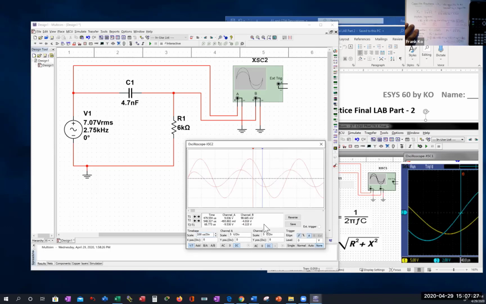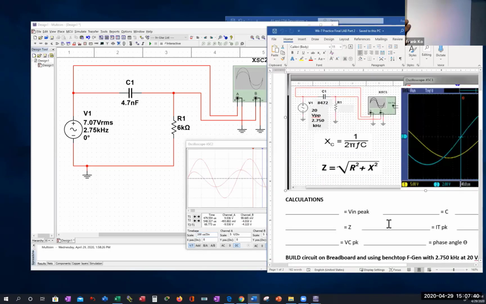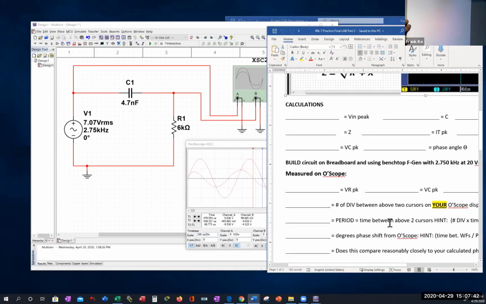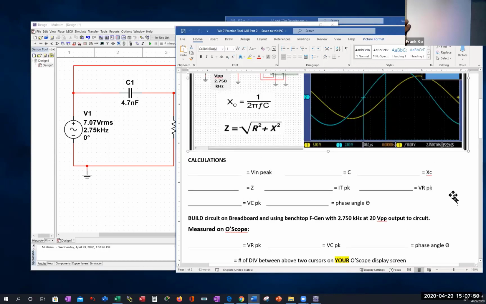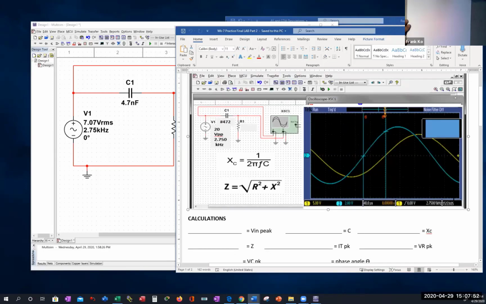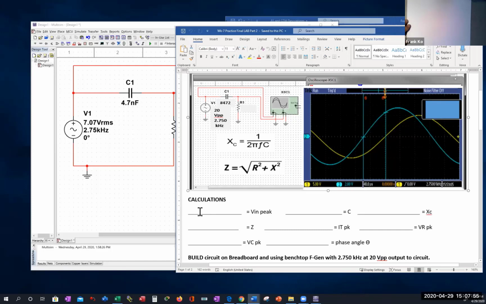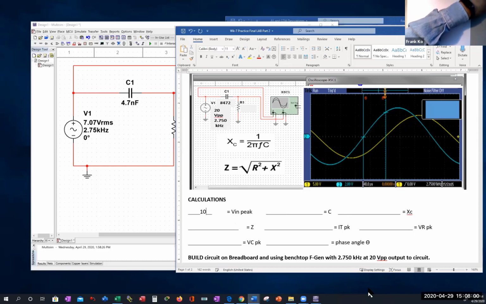Now, what do we need to do mathematically to confirm everything that we've done in MultiSIM? So this is what we need to do. In this exercise, we have these calculations to fill in. And so given this, given a 472 and this information here, I'm going to fill in my V peak in this particular case as being 10 V peak.